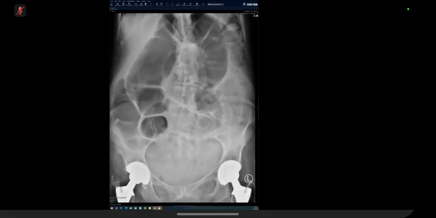This may be corresponding dilatation in the right colon and in the transverse colon too. Okay. So I'll move on to the CT and then I'll come back to the X-ray to explain.